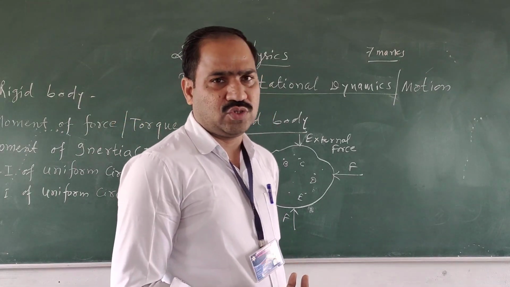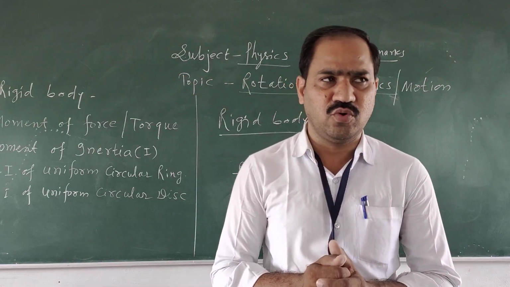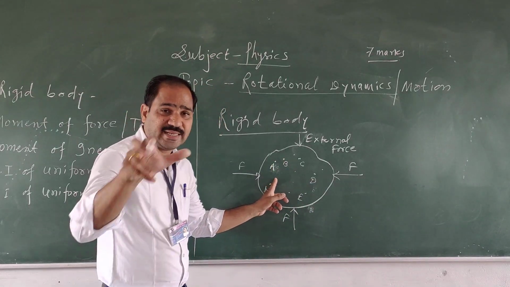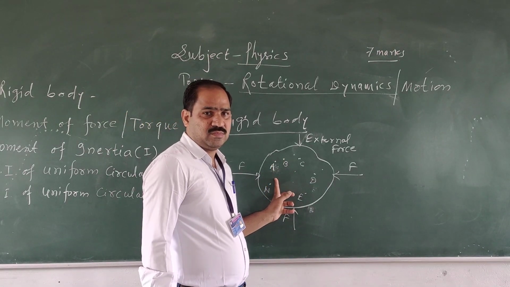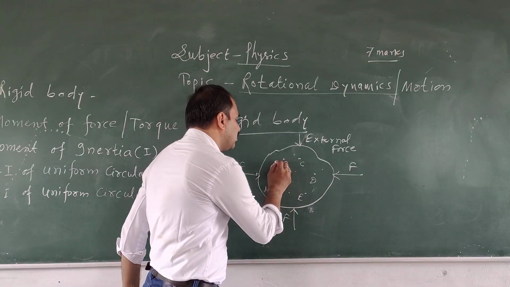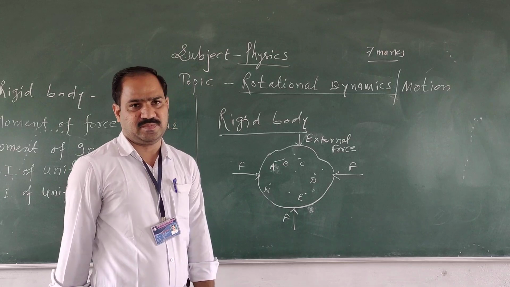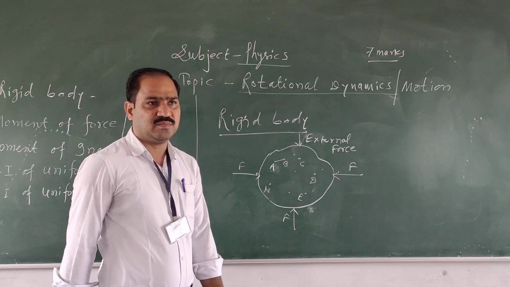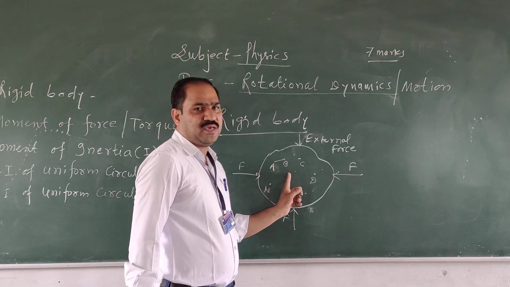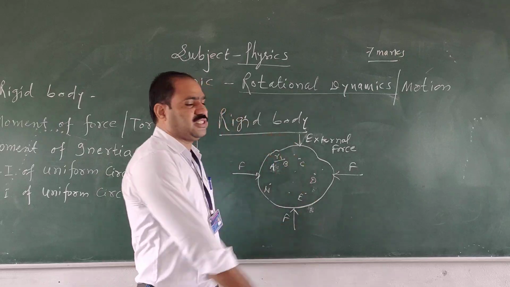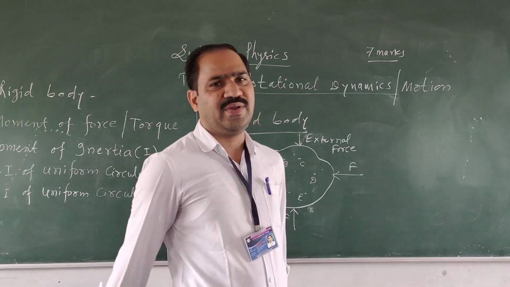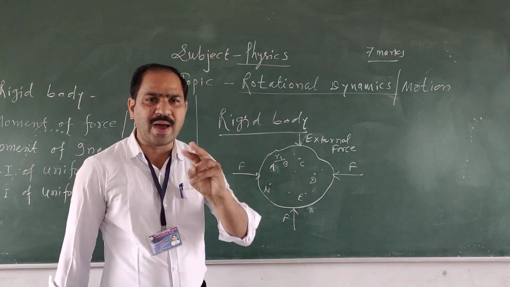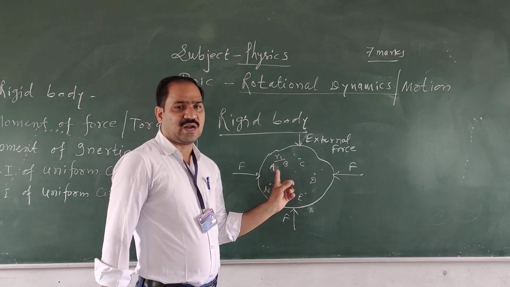After the application of the force, or during the application of this external force, suppose the position of the particles inside the body remains unchanged, meaning there is a specific, particular distance between particle A and B. Suppose here is particle A, another particle is B, and the distance between particles A and B is R1. For convenience, we can say the distance between the two particles is denoted by letter R1.